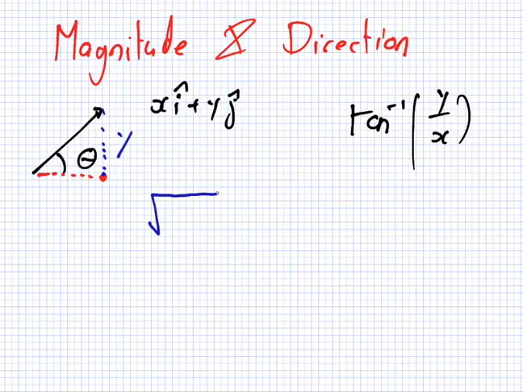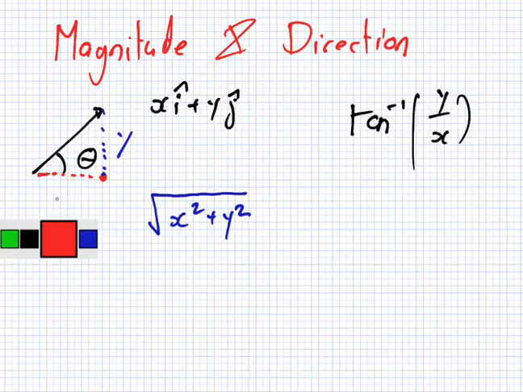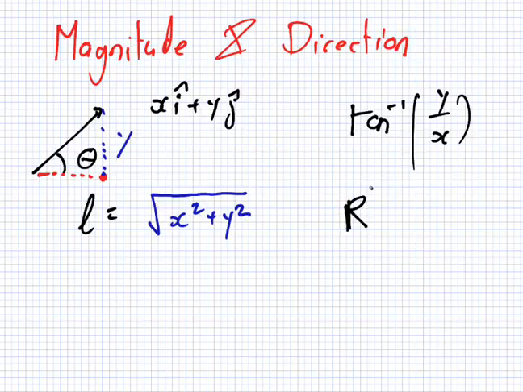But we can calculate the length in 3 dimensions, because the formula is so similar to 2 dimensions. Here, what's the length of this? The length, the magnitude, is square root x squared plus y squared. And this is in 2 dimensions.